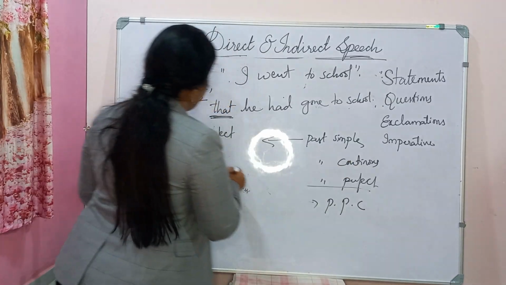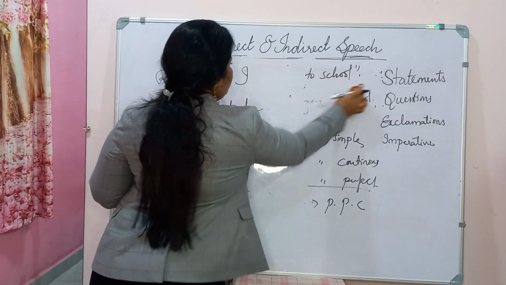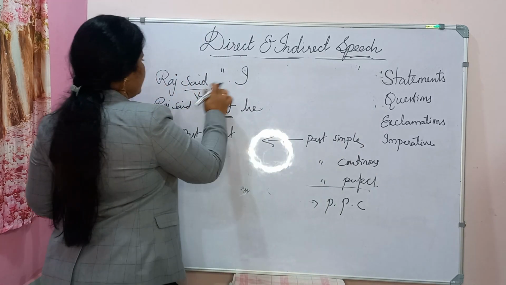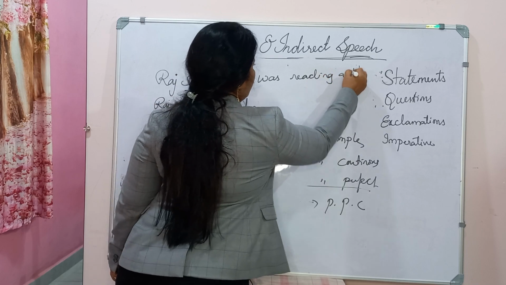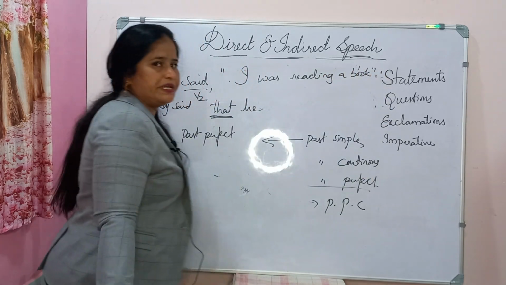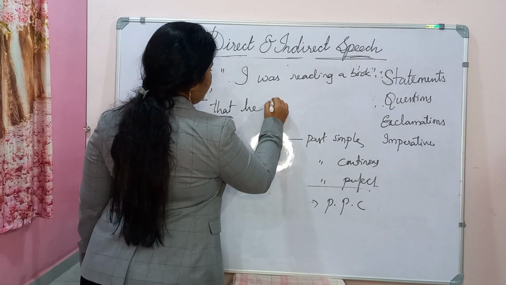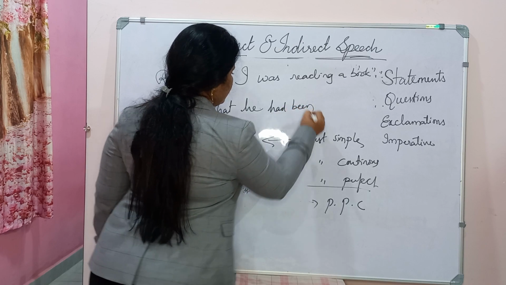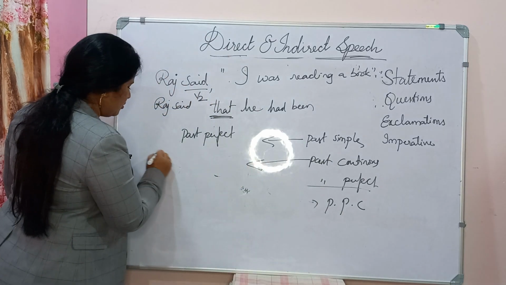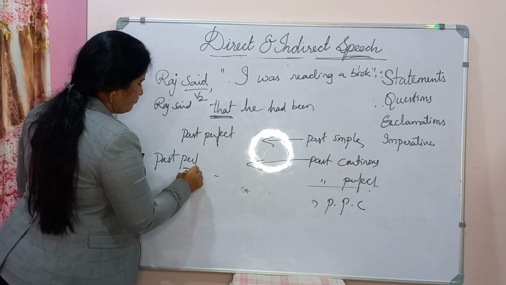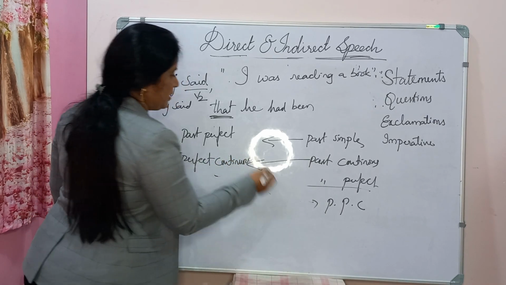Now, if it is past continuous, he said, "I was reading a book." Raju said that he was reading a book. So what will it be? Raju said that he had been reading a book. This past continuous will change into past perfect continuous.